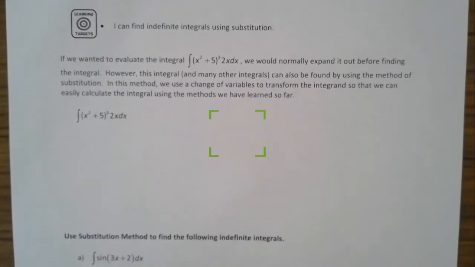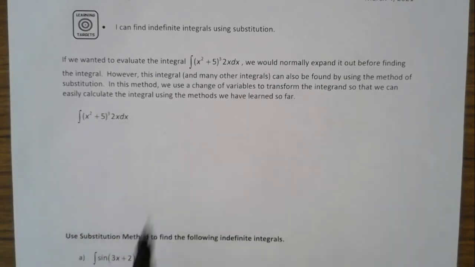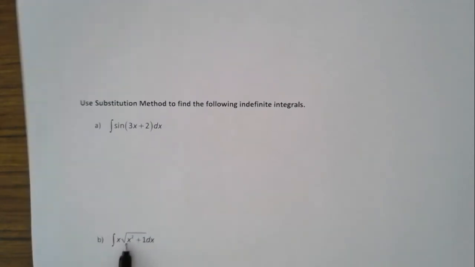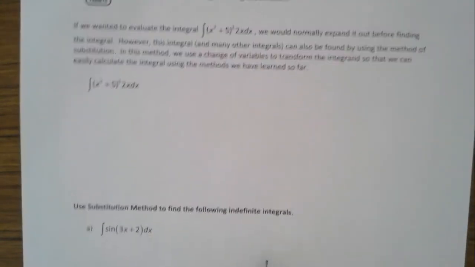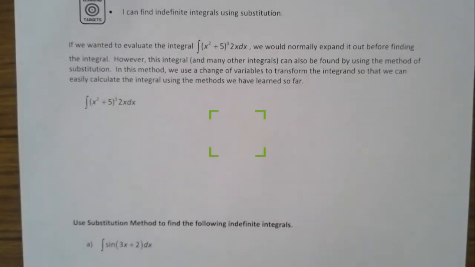Generally, when we are given a more complicated integral, maybe with a composition or something with a square root, this is where we would want to use U-Substitution. With U-Substitution, we're going to pick part of our integral to replace with a different variable, and that would be the variable u.